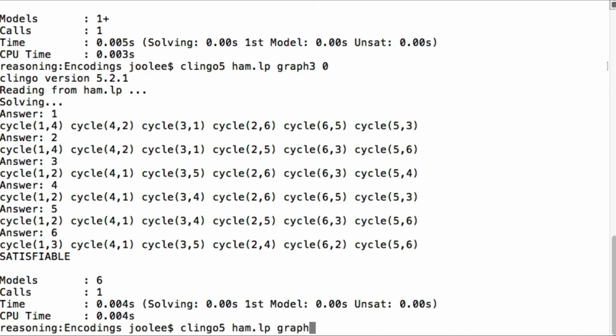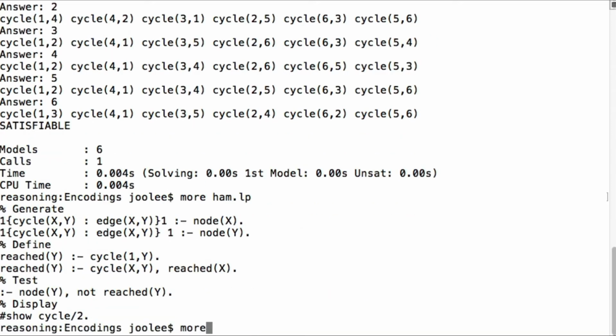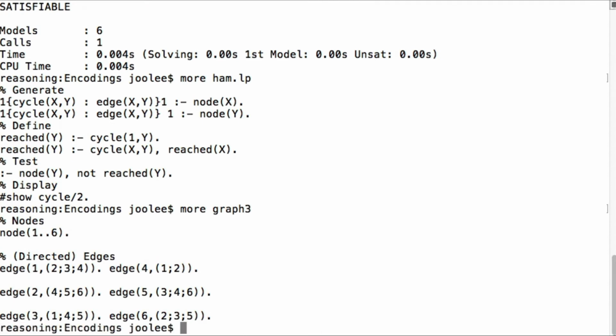Let me show you the code first. So this is the Hamiltonian circuit code, and this is the graph that I showed.